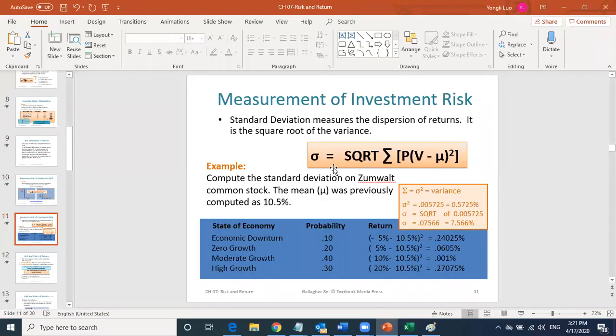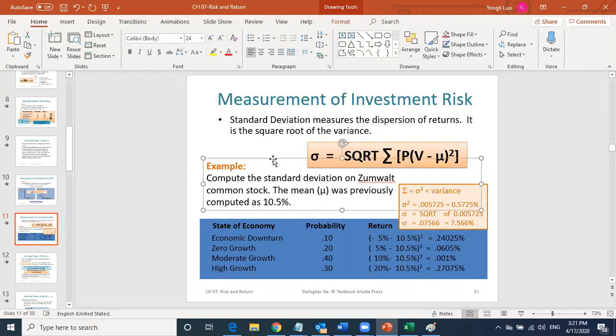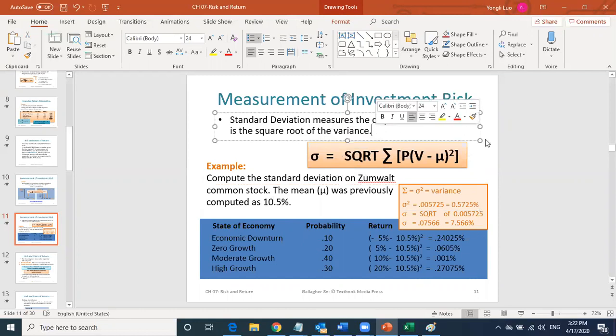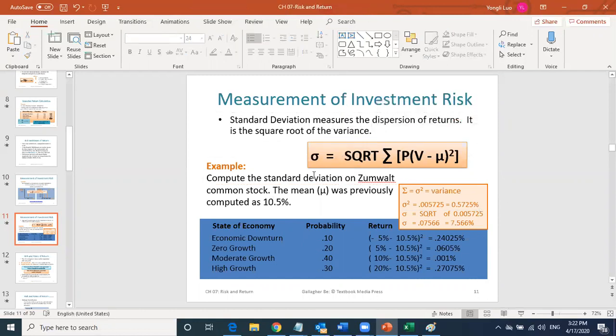The risk is called the standard deviation, which is the delta we have. Standard deviation measures the dispersion of returns. It's the square root of the variance.